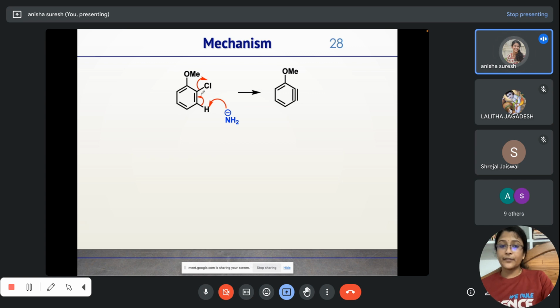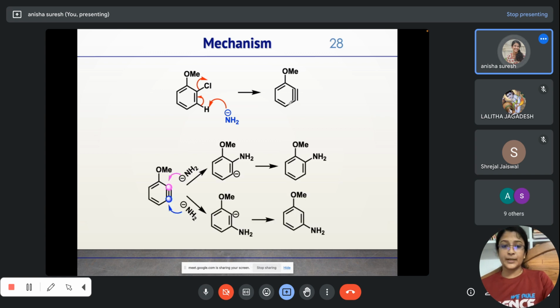So the benzyne will be forming by leaving this chlorine. So this is the benzyne intermediate that will be forming. Now the NH2 minus can attack either from this position or from this position. Like OMe is here, it can attack from ortho position or from meta position.